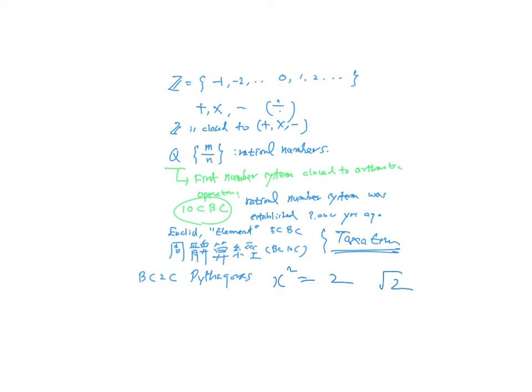So Pythagoras established a new number system called irrational numbers. So in principle, every number can be represented with the rational numbers and the irrational numbers, covering everything. It's called real number.